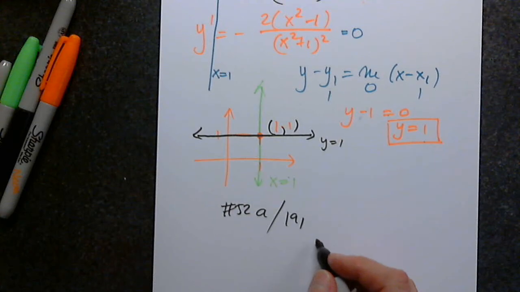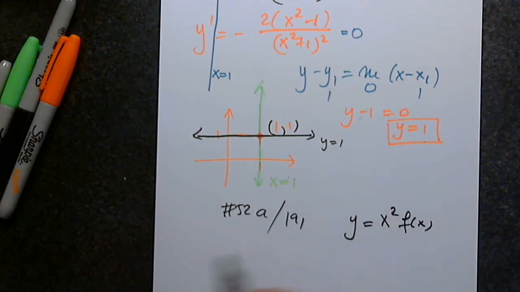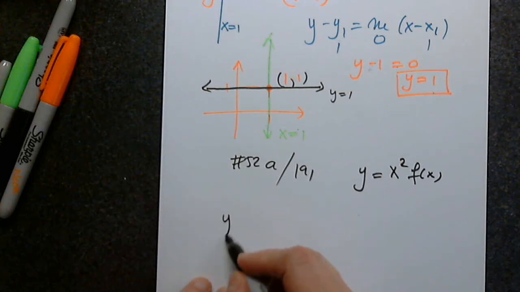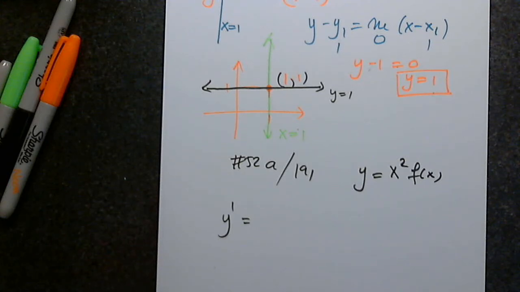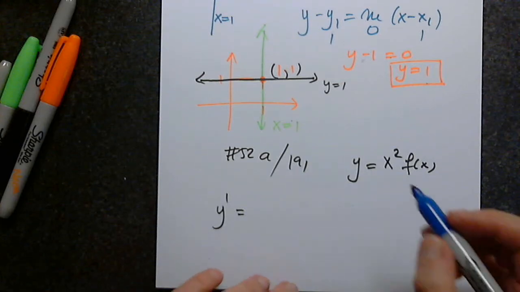Again, we have a function y equals x squared f of x. We are told that f of x is a differentiable function, and we're asked to find y prime. This is the product rule.